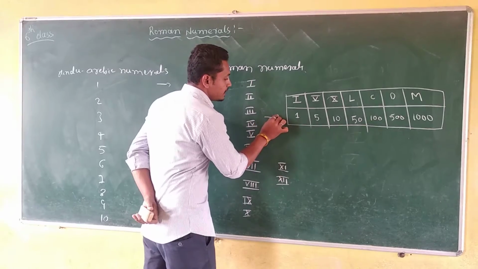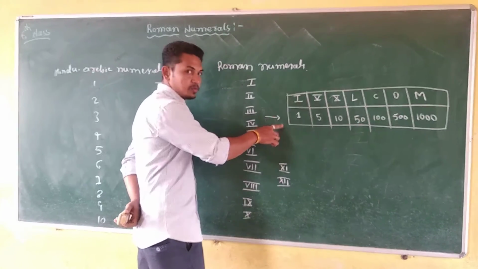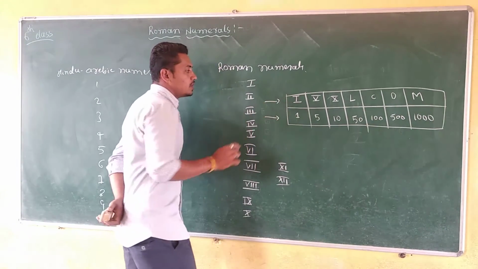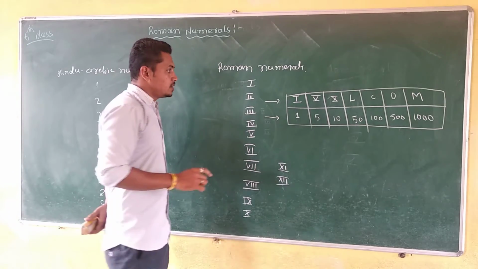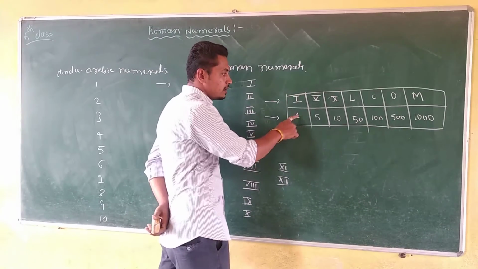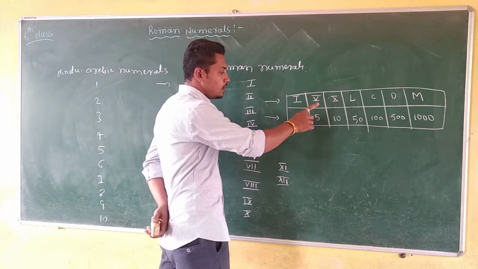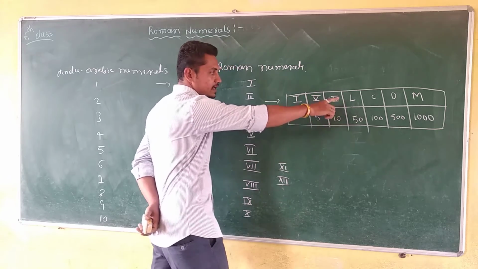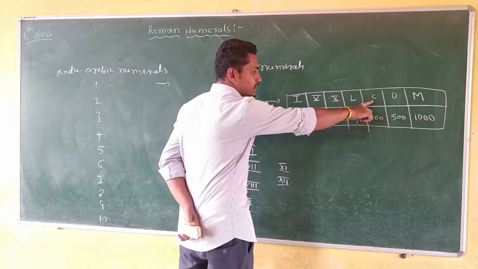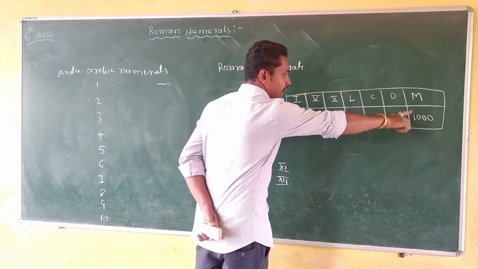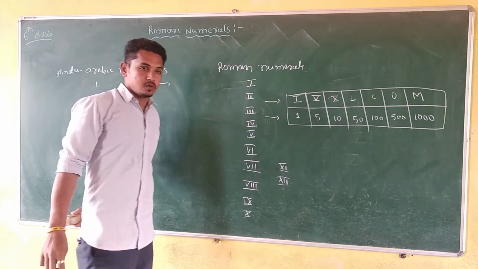This is the Hindu-Arabic numeral system, and this is the Roman numeral system. So I is the value of 1, V is 5, X is 10, L is 50, C is 100, D is 500, and M is 1000.